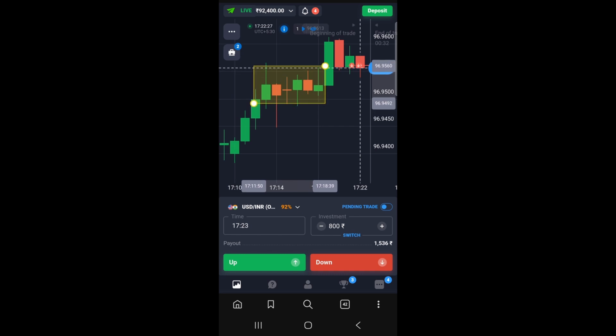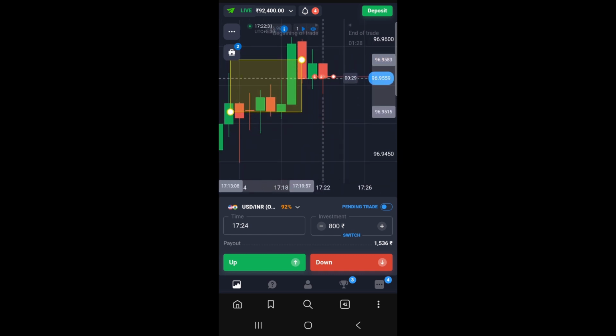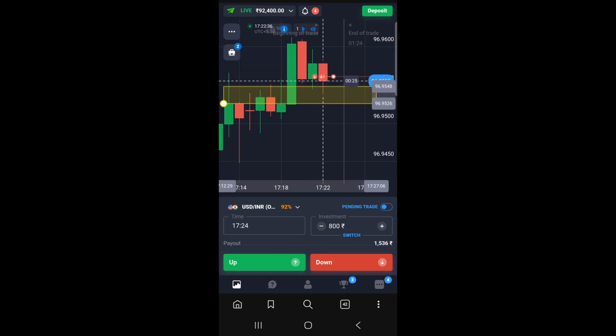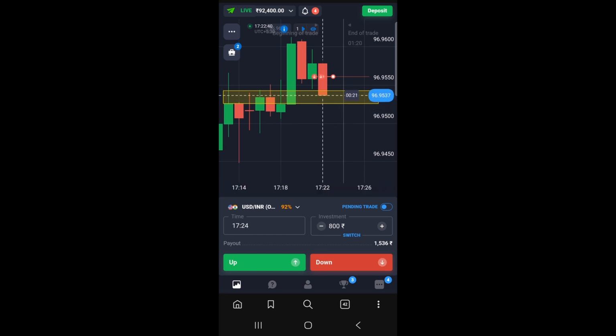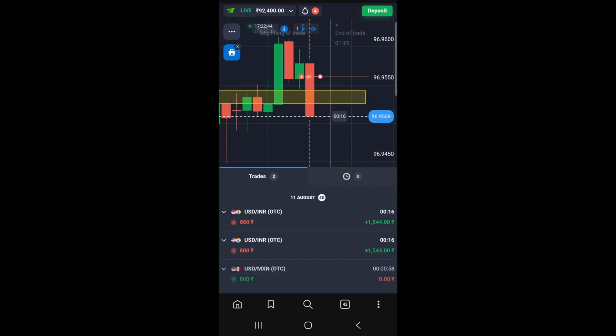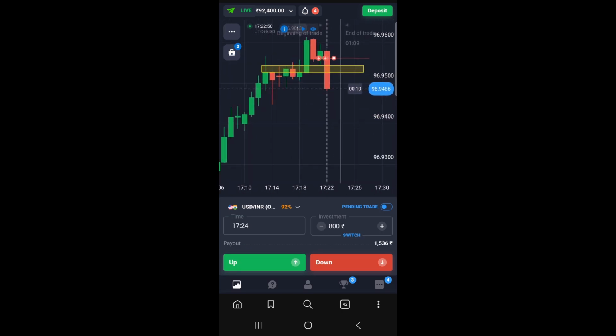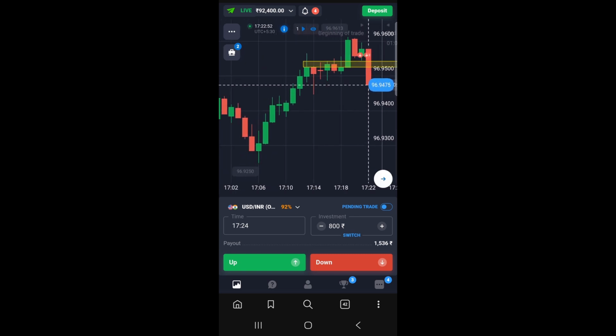I have placed a trade here in the downward direction of 800 rupees because the reason was very simple. The major trend was in the downward direction, and the previous candle had wicks on both sides, upward and downward. So that's why there was pressure from sellers too, and as you can see, here was the supply zone and here was the demand zone too.